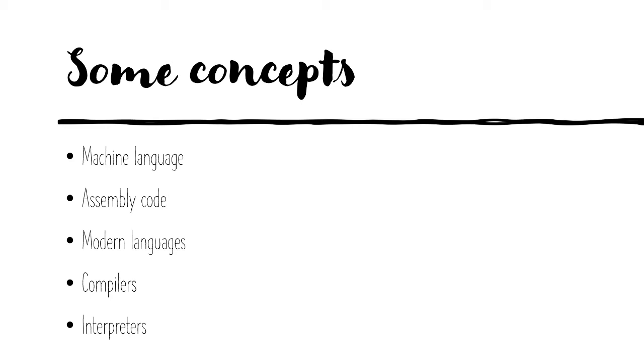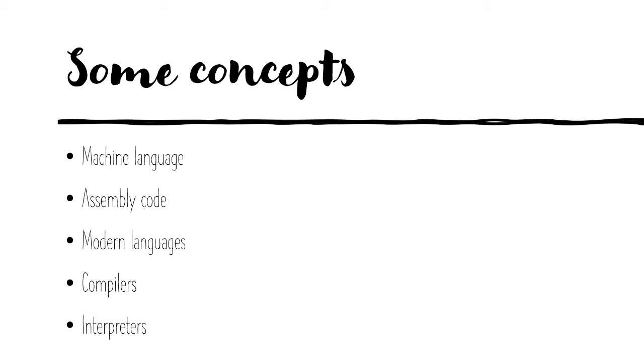Let's talk about compilers. Like I mentioned, with assembly language there is some intermediate process that takes my assembly code and translates it into machine code, right? The same is the case with modern languages, because computers of course do not understand plain English, but they understand zeros and ones, so someone has to convert that plain English to zeros and ones so that the computer can make sense of it.